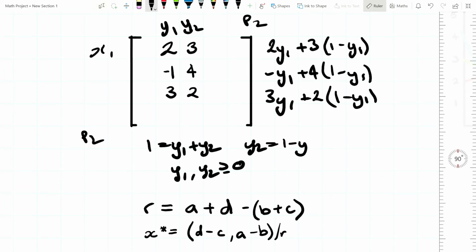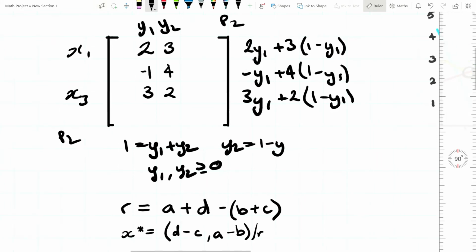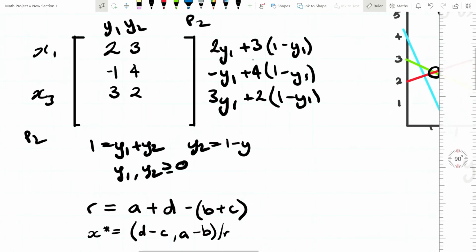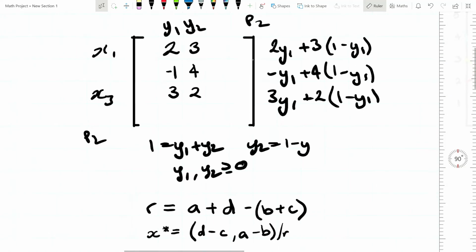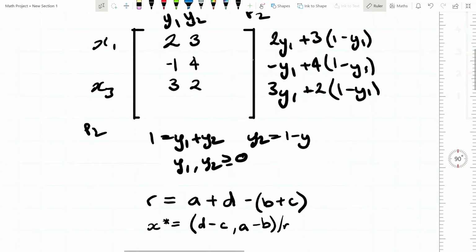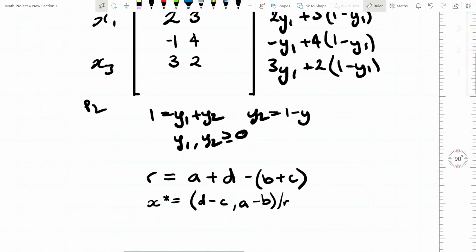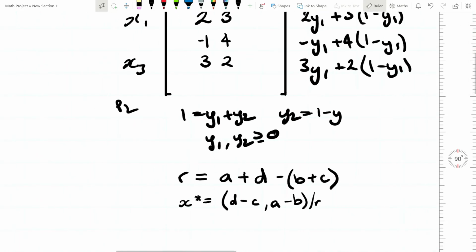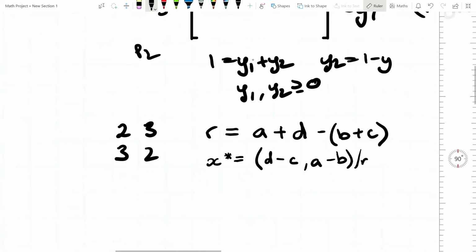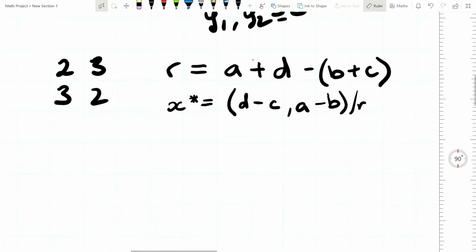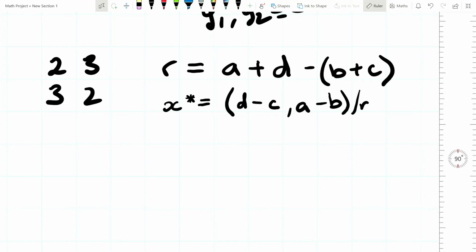So we know not to use the middle row because the first row and the third row were the intersecting lines for our previous graph, and that'll leave us with, I'll write it just down here in the corner, 2, 3, 3, 2. Now, something interesting to note is that you can look at your R value, which is for solving the 2 by 2 matrix.